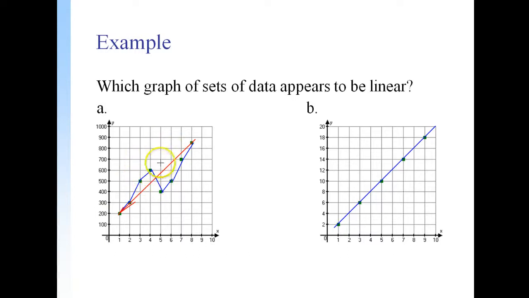So that would be curve fitting. We're taking a curve and sort of fitting it into a straight line. But this data is actually linear. This is not linear, but we have curve fitted the data.